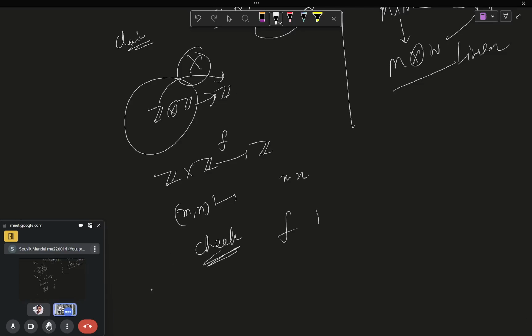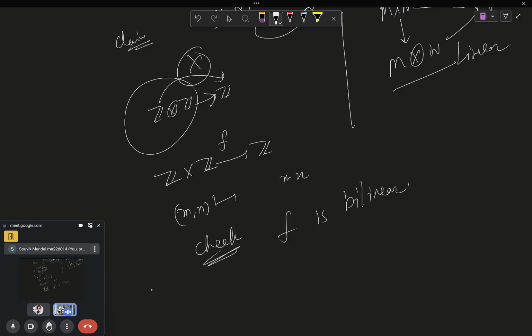that f is bilinear. First check that f is a bilinear map. This is some map from Z cross Z to Z. If we check that f is bilinear, then this f induces a map from Z tensor Z to Z. That's all it is.